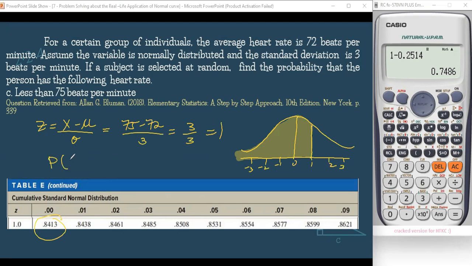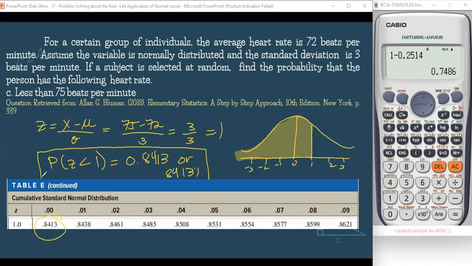So the probability of z less than 1 is equal to 0.8413 or 84.13%. And this is our final answer.